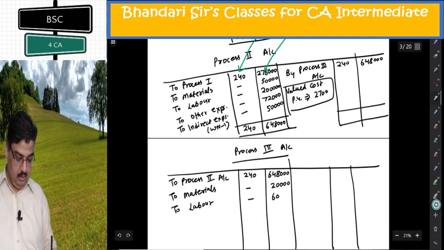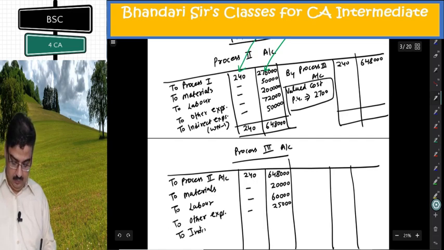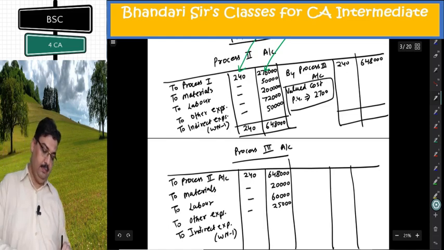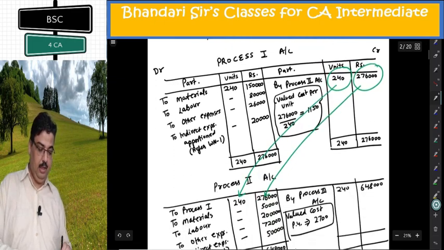Labor, 60,000. Other expenses, 25,000. Indirect expenses apportioned as per working note 1, they were 15,000.